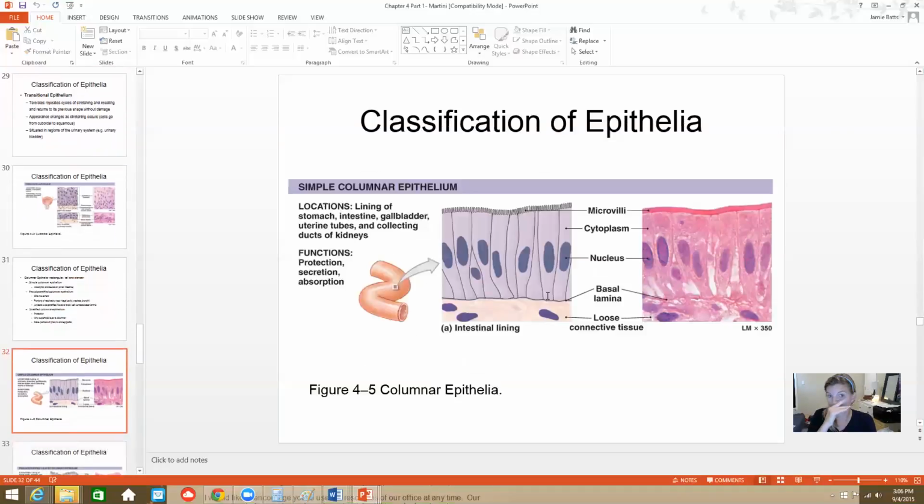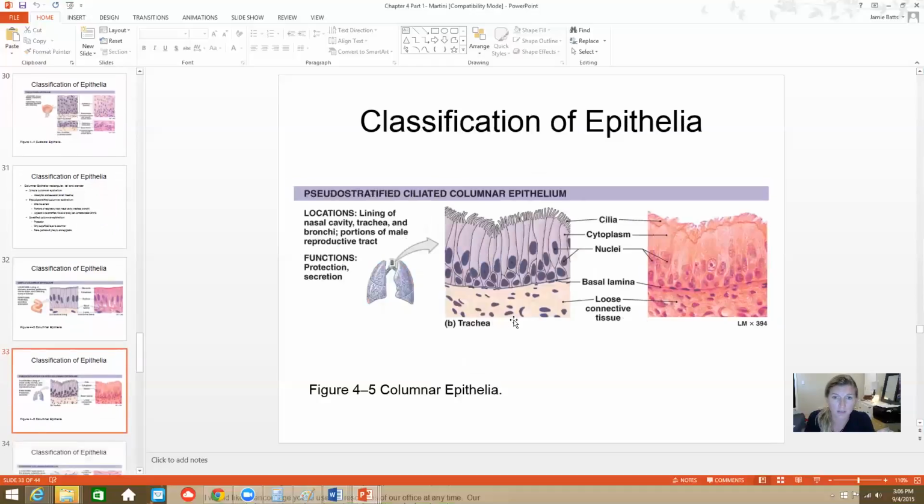So that simple columnar, as I mentioned, has microvilli on it in the small intestine to increase absorption rates. And you can imagine as that food is passing through the lumen, all of those microvilli are absorbing the nutrients. We'll talk all about that next semester, getting absorbed into these cells and then possibly entering the bloodstream.